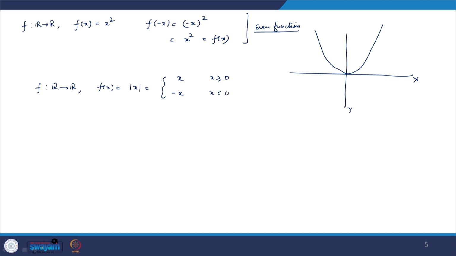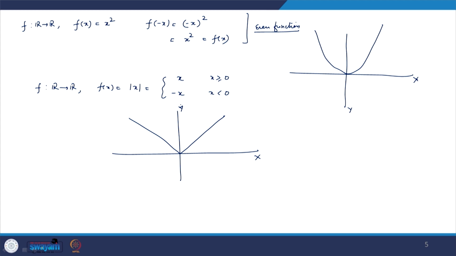When x is positive it is this portion of the line, and when x is negative it is this line. Okay. So, it is basically symmetrical about y axis. You can clearly observe that it is symmetrical about y axis. So, it is an even function.